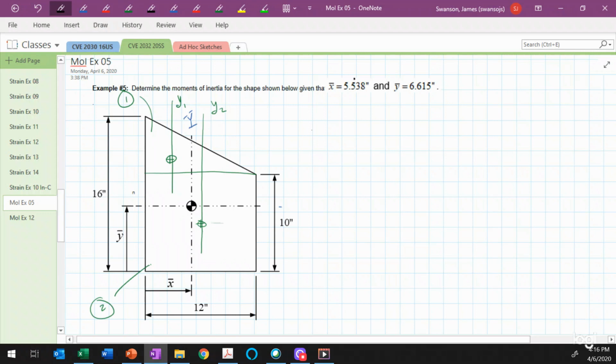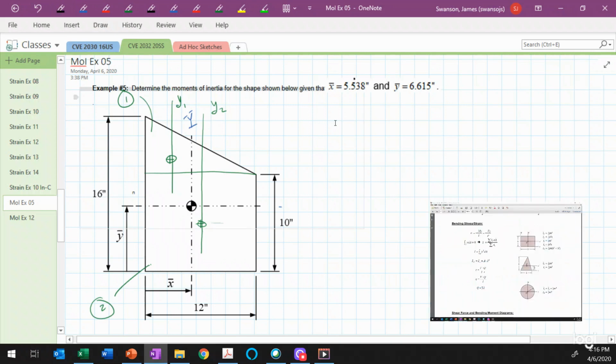What I'm going to do is go to my equation sheet and look up the moment of inertia for the triangle. About the x-axis it is b h cubed over 36, so about the y-axis it would be b cubed h over 36.